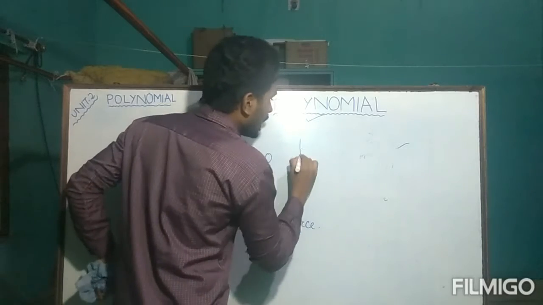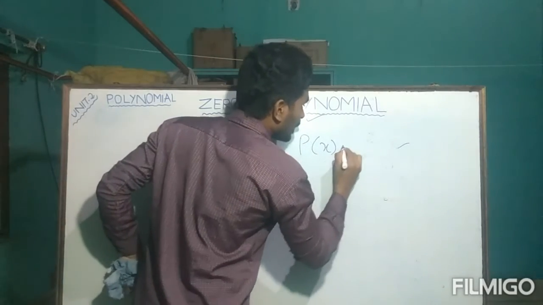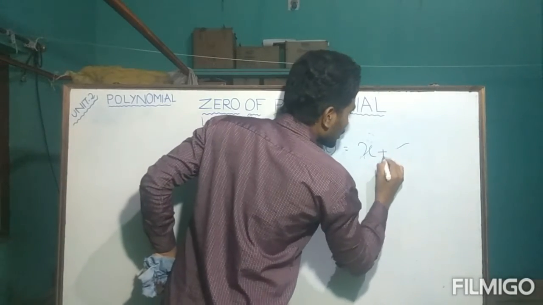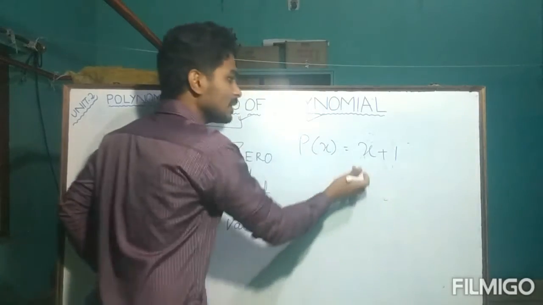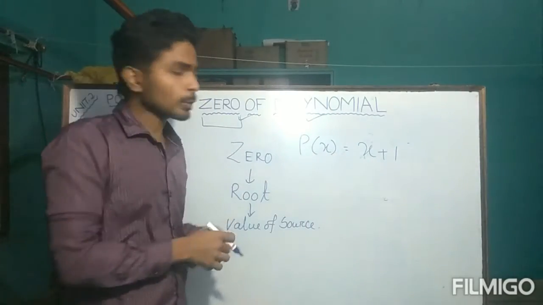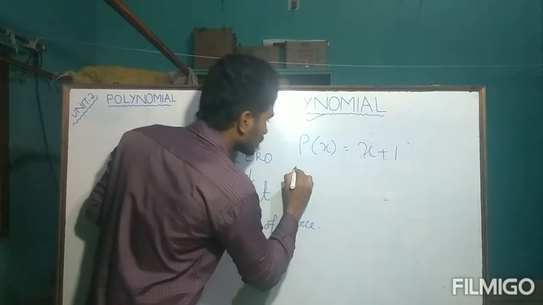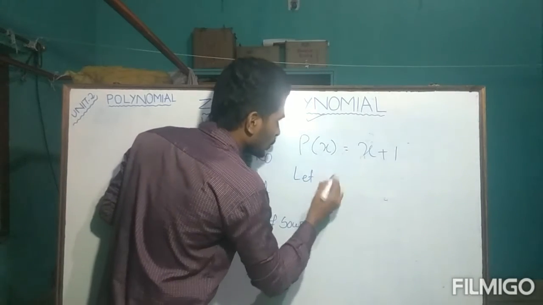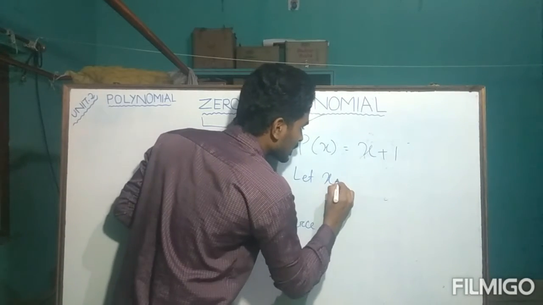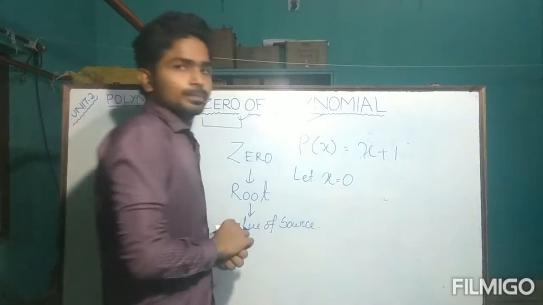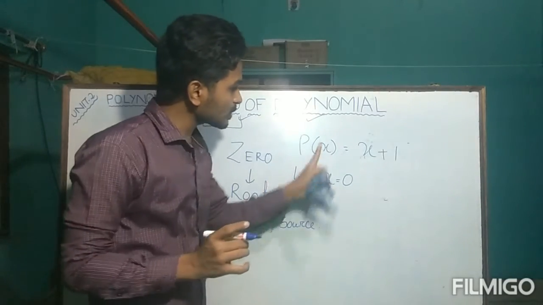For example, we have p of x is equal to x plus 1. It is also a polynomial in x. So we can write p of x is equal to x plus 1. Let us suppose we put the value of x to be 0.